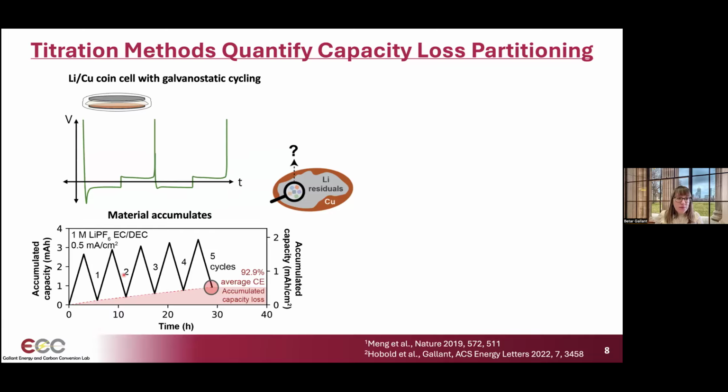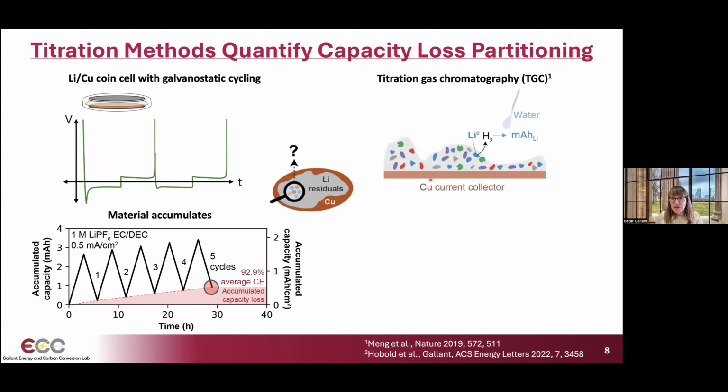So the sample contains dead lithium, and if you react it with water, and this is work by Shirley Meng's group a number of years ago, you can quantitatively count the moles of hydrogen evolved, and then with a simple stoichiometric relationship, back calculate the amount of dead lithium that was left behind on the sample after a stripping step, and determine an effective capacity loss corresponding to that particular phase.